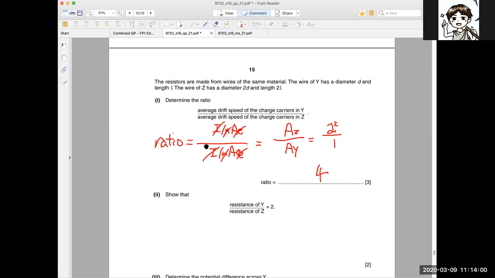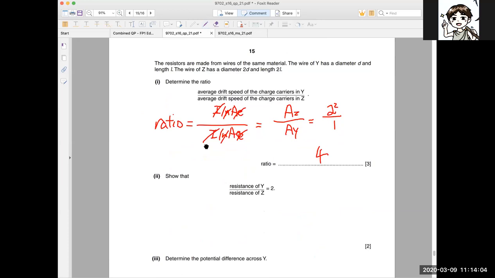Show that the resistance ratio of Y over Z is 2. For this one, you need to use the resistance formula. They are made of the same material, so they have the same resistivity.